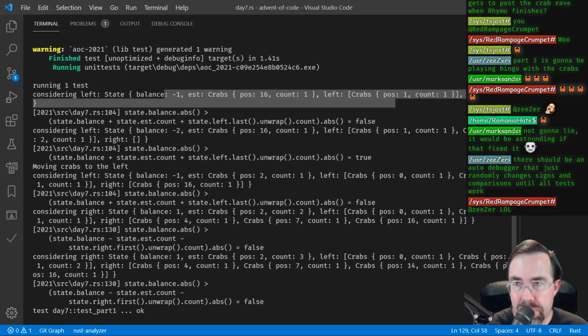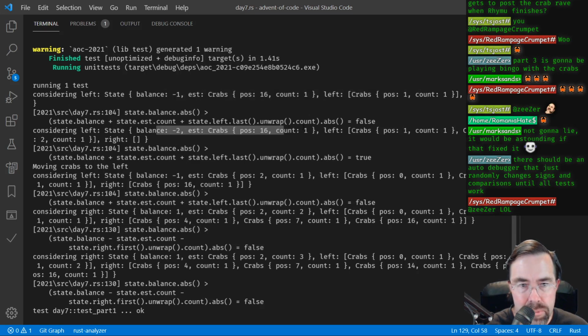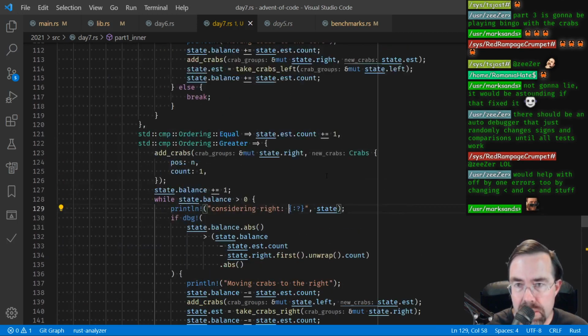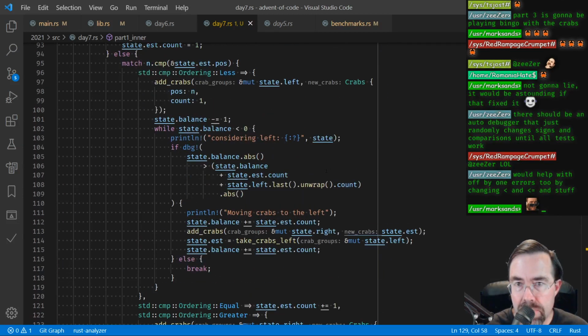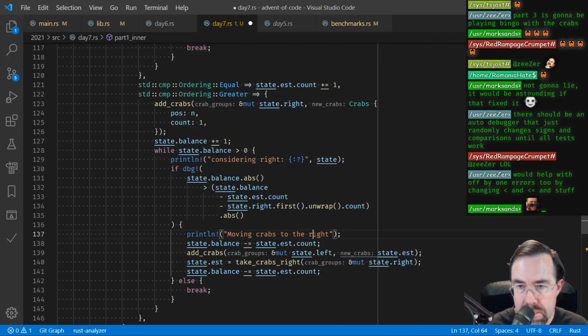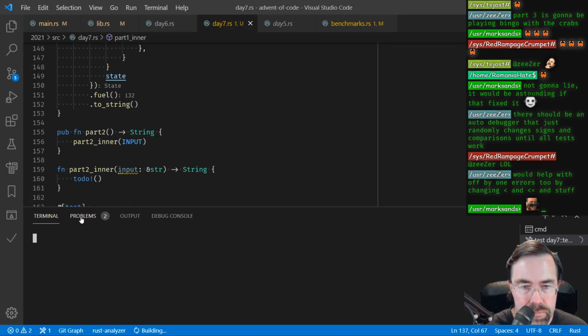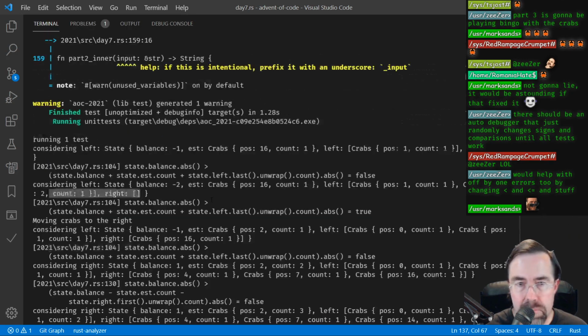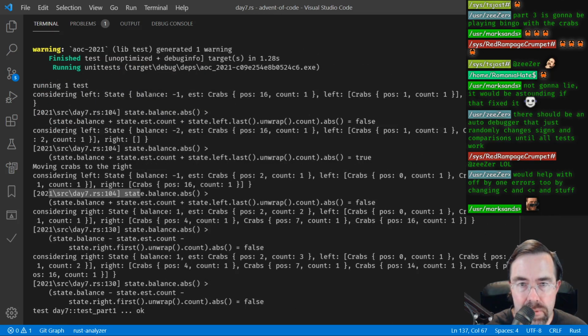So put it on the left, put it on the right, move the crabs to the left. Oh, it should say right, not left. Dang it. To the right. This is left. Okay, so put it on the left.